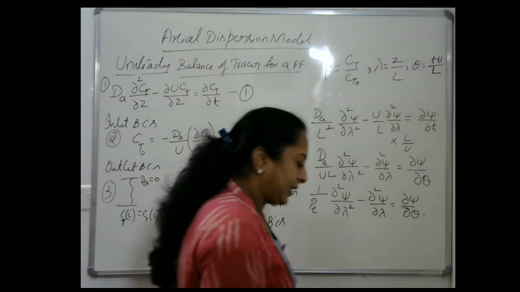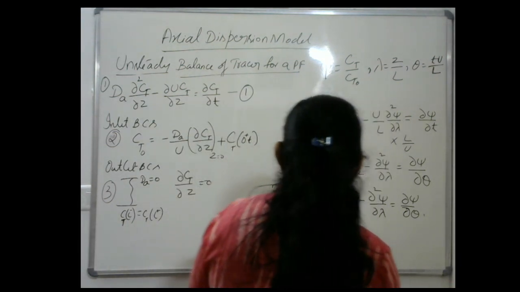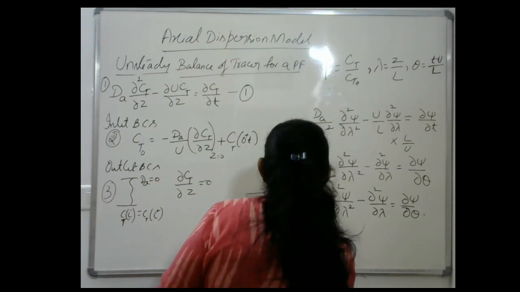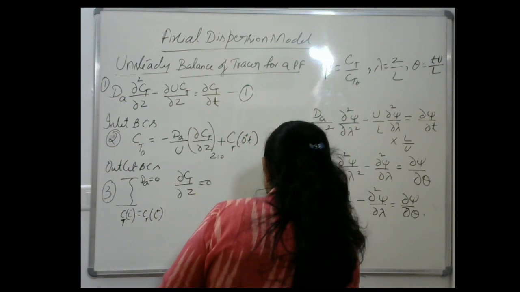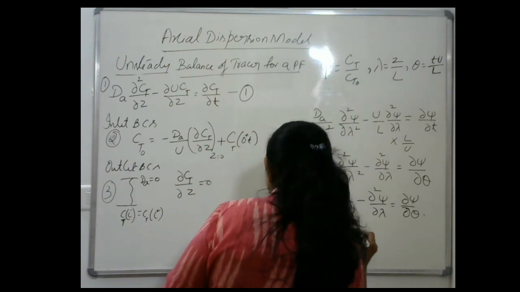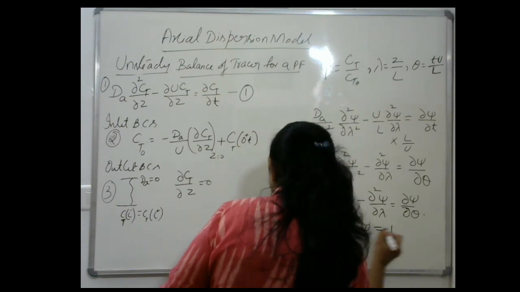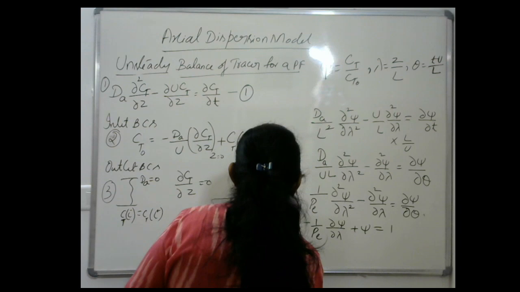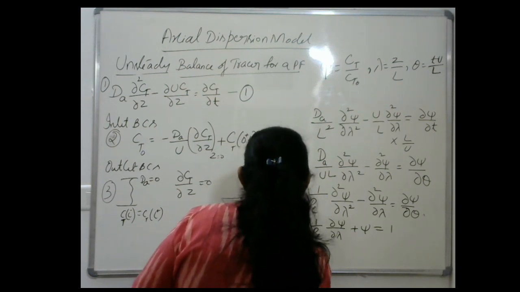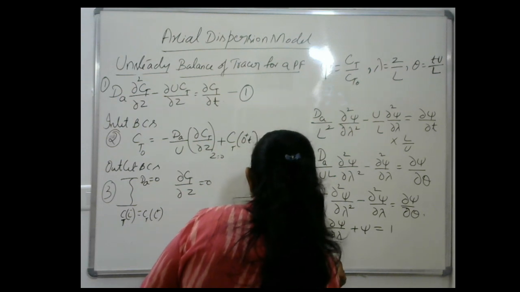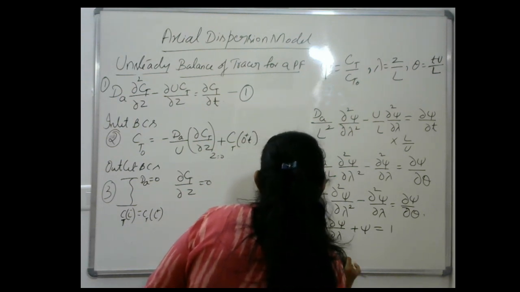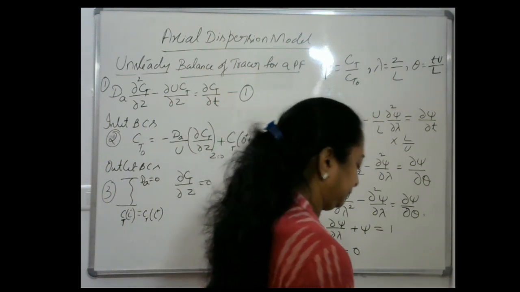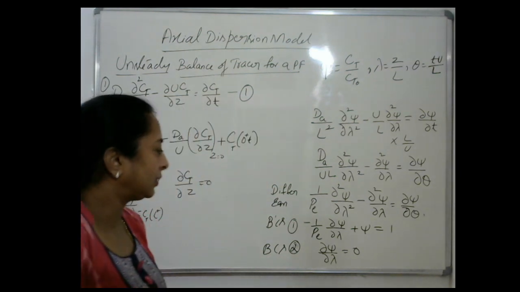The boundary condition 1 will now be minus 1 by Pe dψ by dλ plus ψ is equal to 1. And boundary condition 2 will now become dψ by dλ is equal to 0.